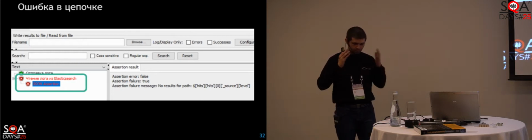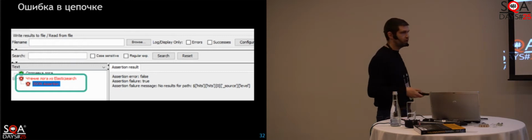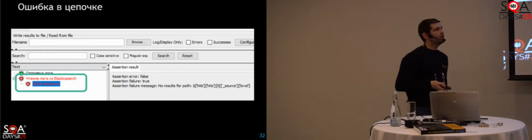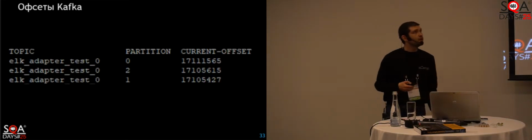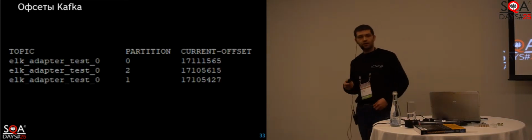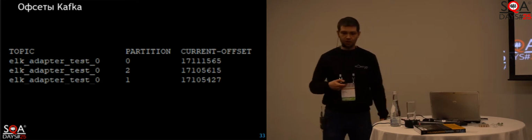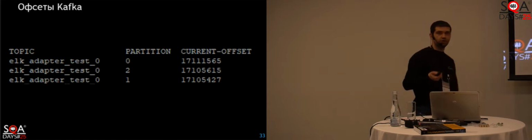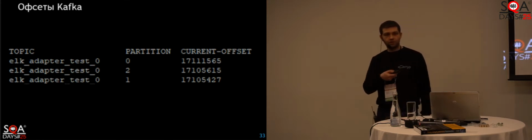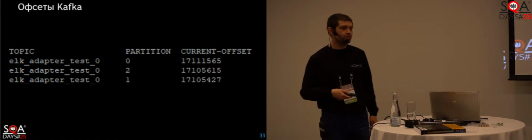An adapter, Sync or Kafka, any component can fail. So we'll add another component, Kafka, which stores messages, which all have numbers. We add a new one, and the number grows.